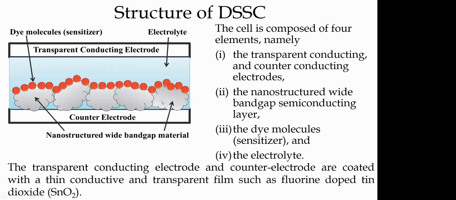Whereas the hole is compensated by the dye to bring the excited dye molecule into ground state so that it is ready for the next absorption process. And then the external electron coming out will regenerate the electrolyte molecule as well, right?